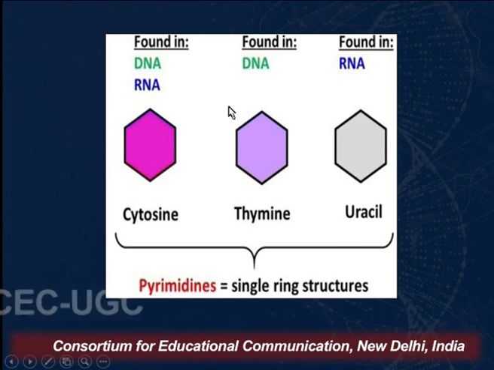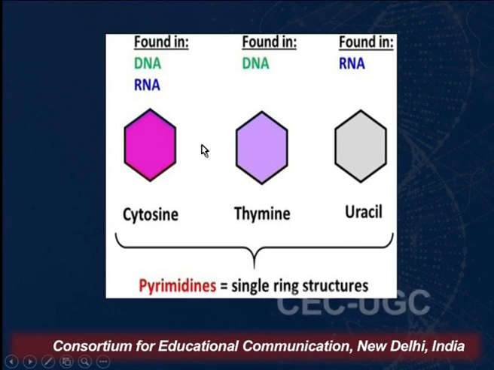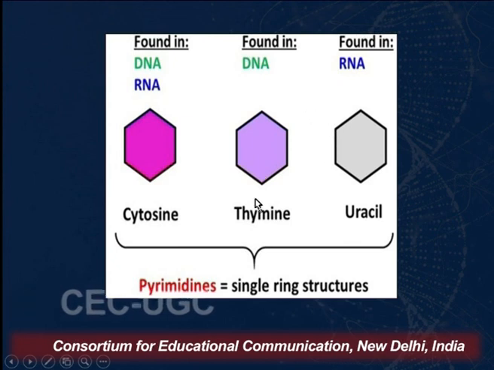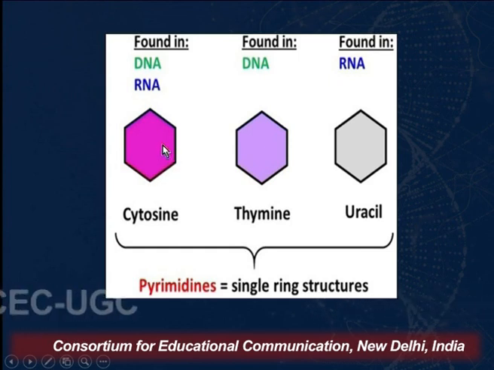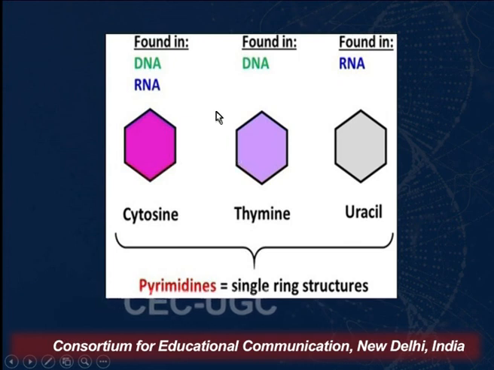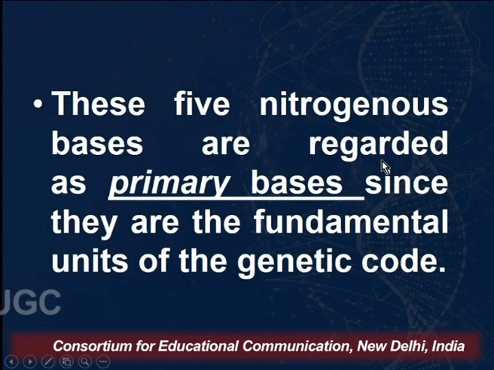And the 3 pyrimidines that we have are cytosine, thymine and uracil. And what you find here again is that this is a single ring structure. Now what we know further is that cytosine and thymine are present in DNA, whereas cytosine and uracil are present in RNA.